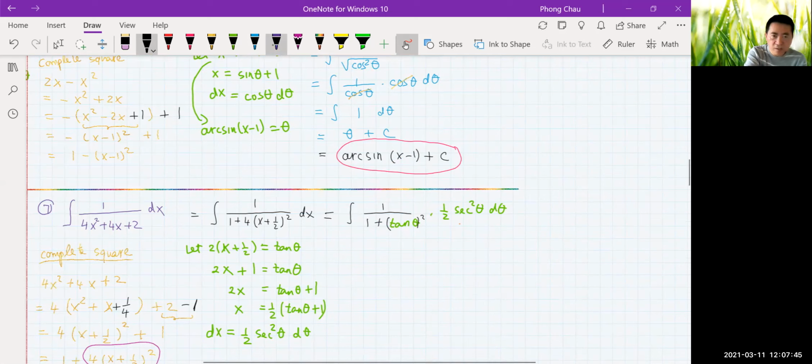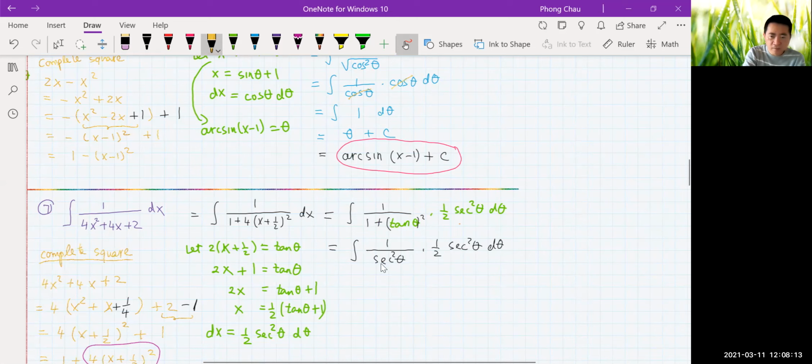So 1 plus tangent squared is secant squared. You see that? 1 over 1 plus tangent squared is secant squared, and then you times half of secant squared.